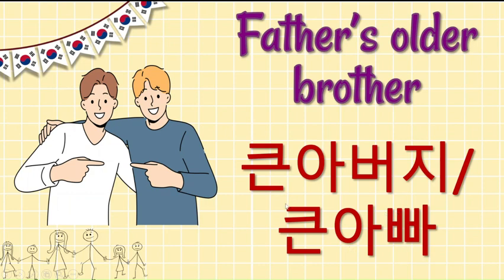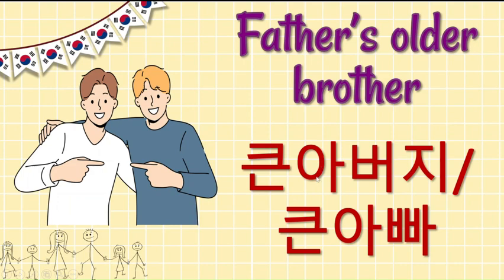Next, we know that the Korean adjective for to be big is 크다. Here that adjective has been used in the form of a modifier, and it becomes 큰. So if you translate this whole word, it becomes big father. But the meaning of this word is father's older brother.